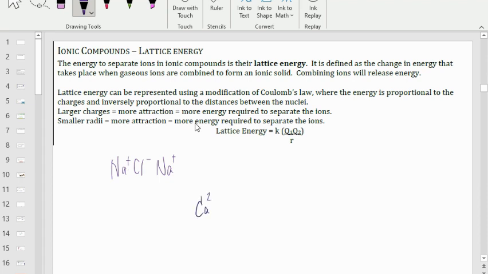So a 2+ charge between calcium and oxygen is going to be greater than just a single charge. Smaller radii have more attraction, so more energy is required to separate those as well, because their nuclei are closer together.